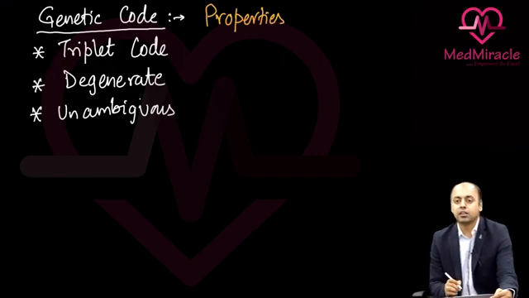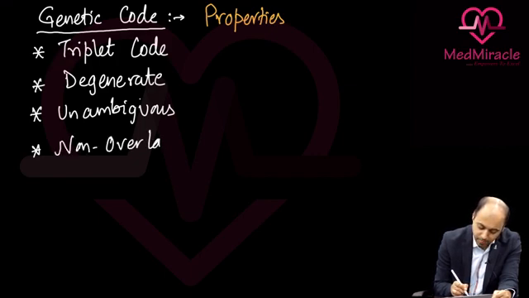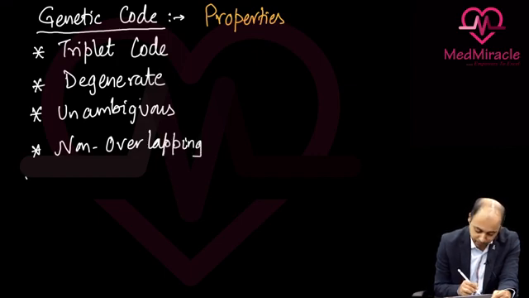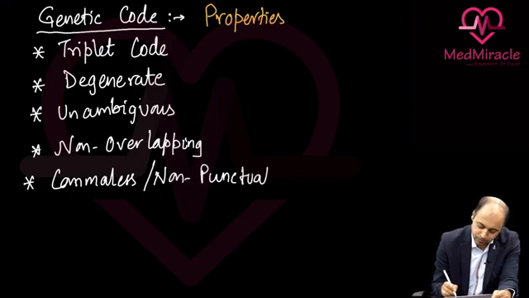The genetic code is non-overlapping. And it is commaless or non-punctuated. And finally, the genetic code is universal.